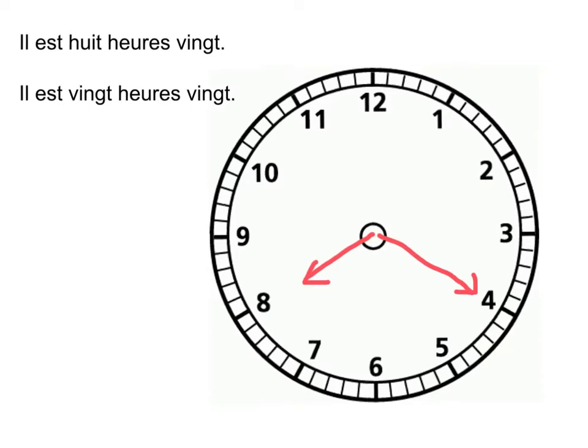Okay? And for the rest of the slides that you'll see, the first sentence, we're going to use what's called l'heure courante. Okay, and that's how we normally tell time in the U.S. We say 1 o'clock in the afternoon, 2 o'clock in the afternoon, 3 o'clock in the afternoon, instead of saying 1,300 hours, 1,400 hours, 1,500 hours.